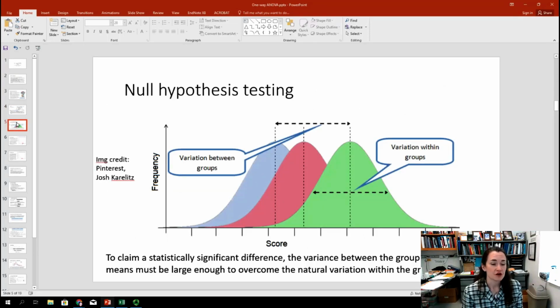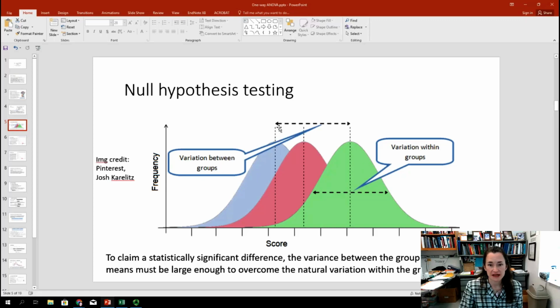So, if you're going to claim a statistically significant difference, the variance between your groups has to be large enough to overcome the natural variation within the group. To visualize this, I've adapted this really nice figure, okay? So here we see three different Gaussian distribution functions. There's a blue, a red, and a green.